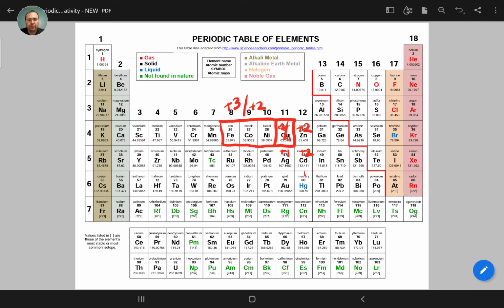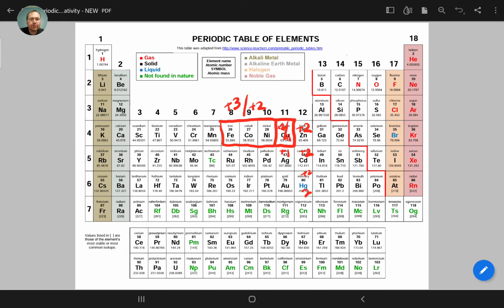Mercury actually has a +2, which is predictable based on the zinc and the cadmium ions above it. But it also has a mercury 2 atoms over +2 as well, which is actually mercury 1 when you reduce 2/2 to 1. So that's even weirder yet.